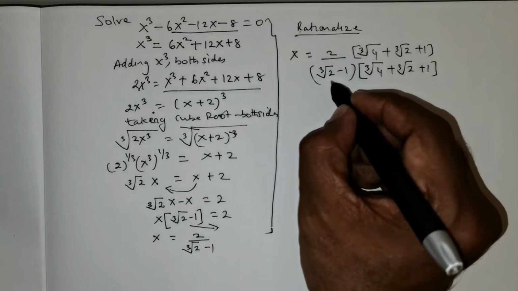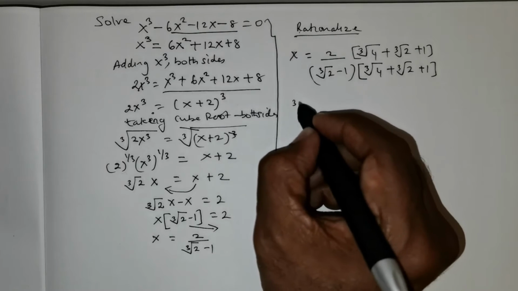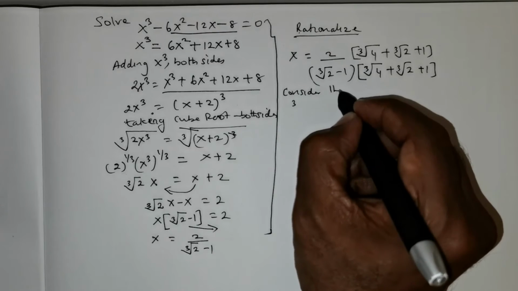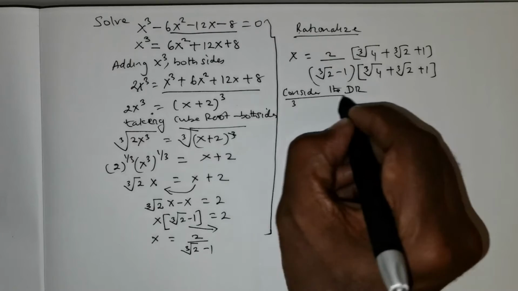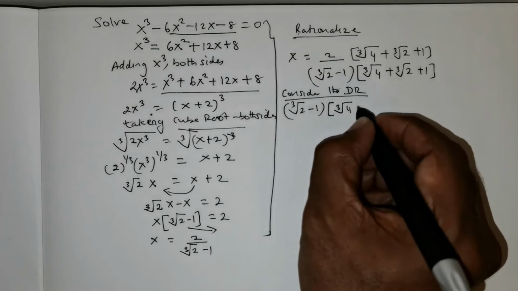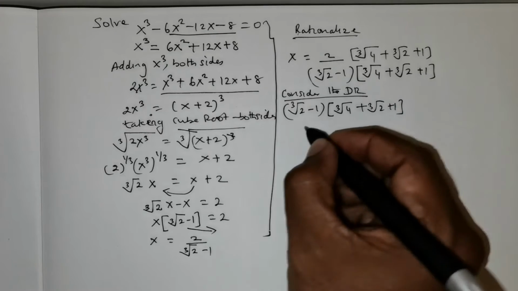Now, if you were to multiply the denominator, I will be showing you here, just consider the denominator. Third root of 2 negative 1 being multiplied with third root of 4 positive third root of 2 positive 1.